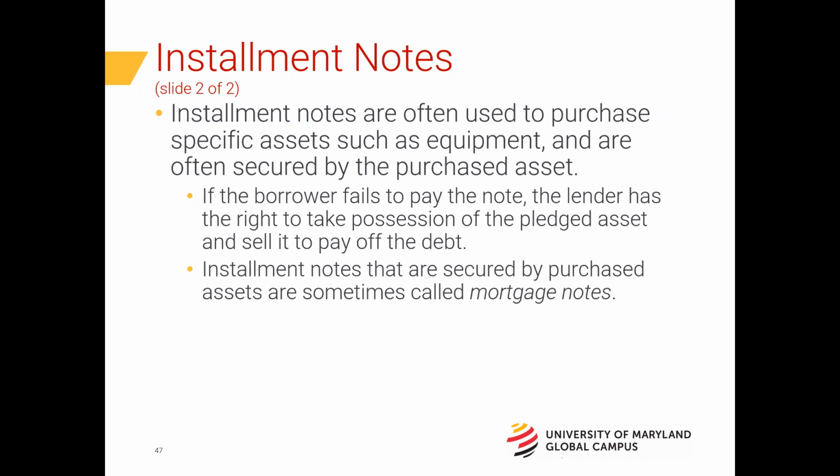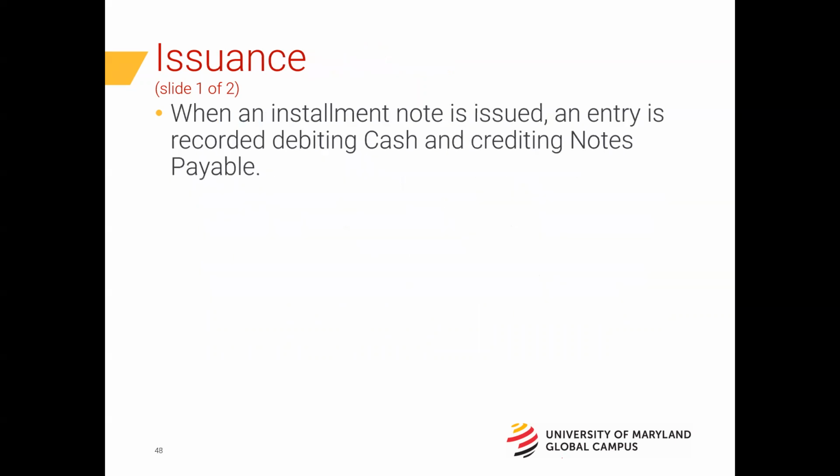And these installment notes are expressly used to purchase property, plant, and equipment. And of course, there are terms. If the borrower fails to make payments, they can be repossessed. Installment notes are typically secured through an asset-backed security, like a mortgage. The idea behind an installment note is that there is collateral, usually the building.